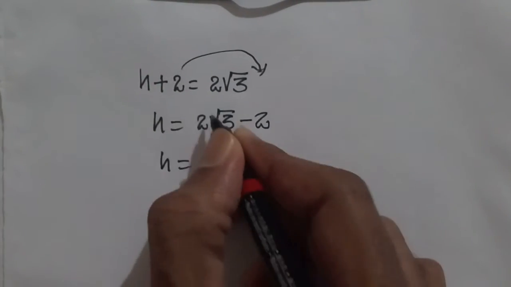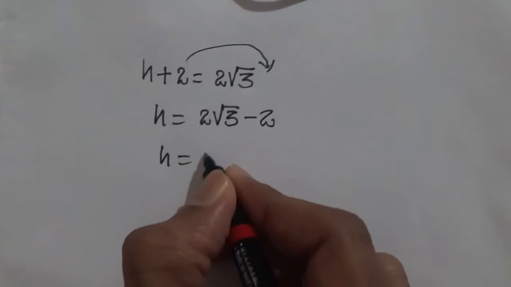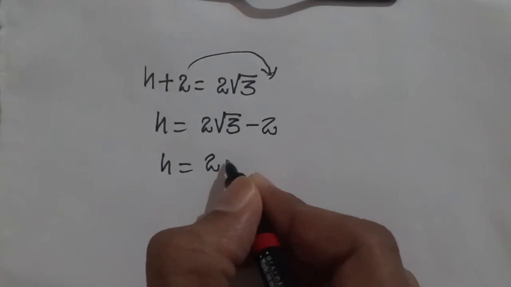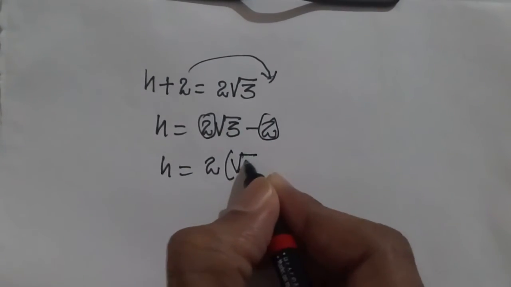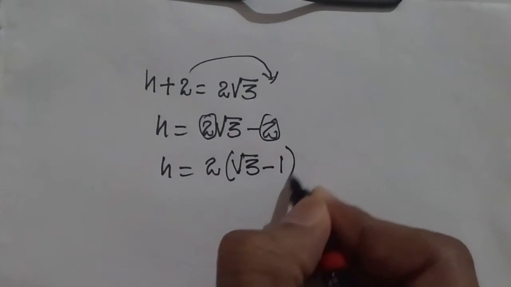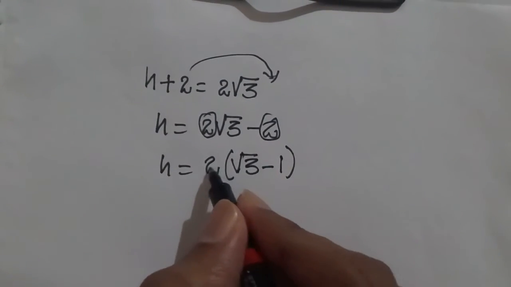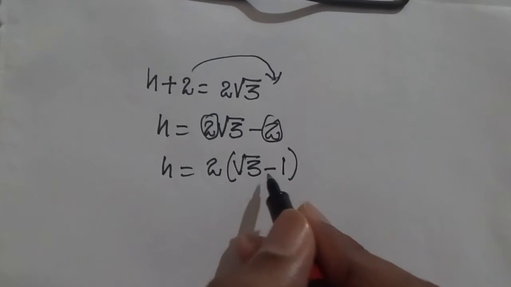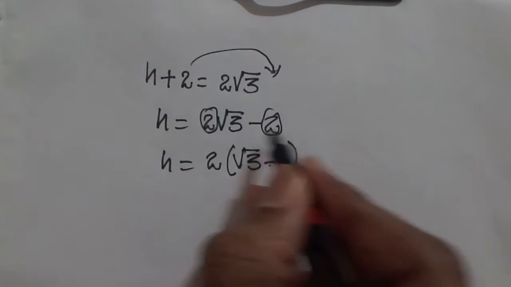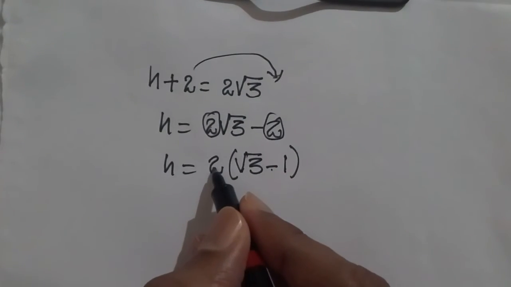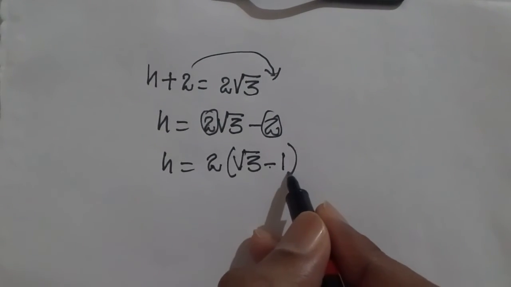Taking 2 common, h is equal to 2 into root 3 minus 1. Check: 2 into root 3, 2 root 3 minus 2 ones 2, we get the same value. Or else circle the common terms, write the circled value outside and the remaining value inside.